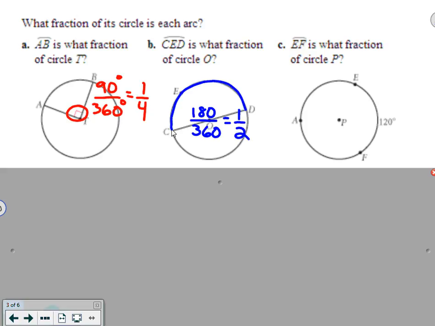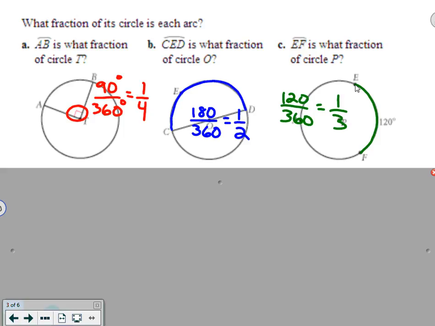That reduces to 1/2. Part C, arc EF is what fraction of circle P? So we can see from the diagram, from the circle, that arc EF measures 120. That's 120 out of 360, which reduces to 1/3.